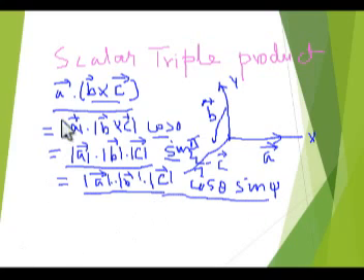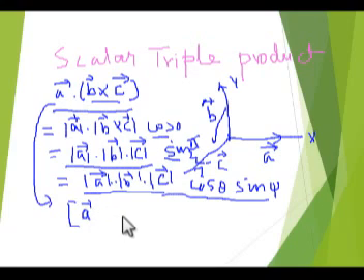The scalar triple product is denoted in this way: A vector, B vector, and C vector in square brackets.